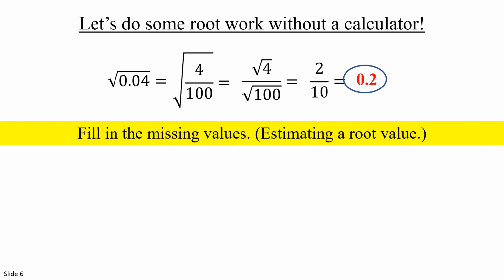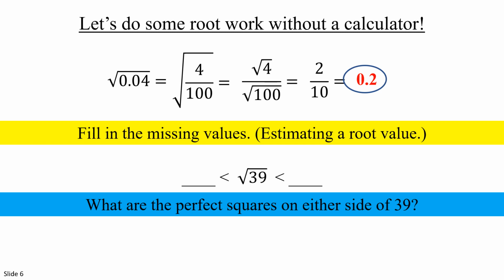Hey. Now let's fill in the missing values. We're estimating a root value. So root 39, it's between what and what? Well, what are the perfect squares on either side of 39?